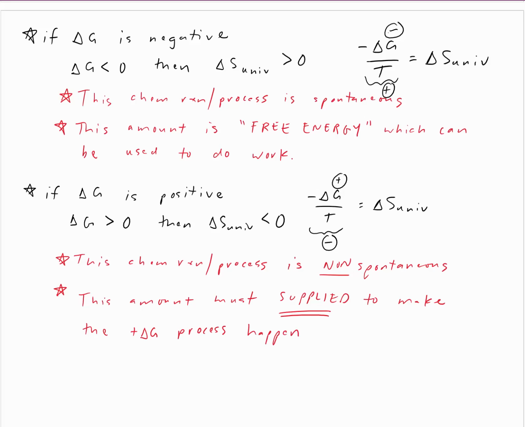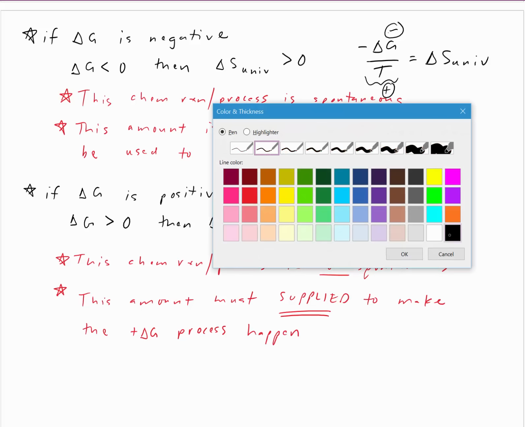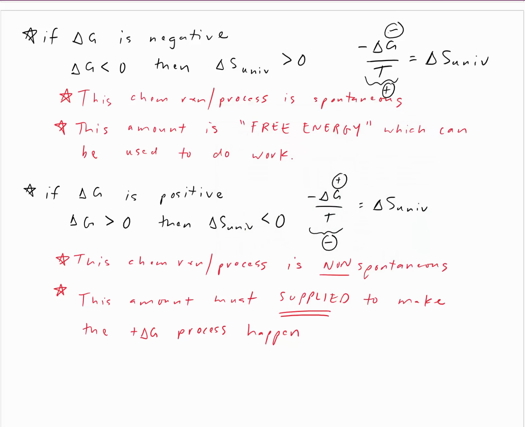Okay, so there's a third thing that can happen. Delta G can be 0. If delta G is 0, then that system is said to be at equilibrium.